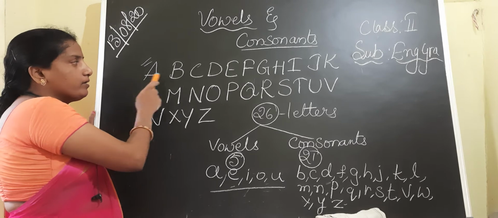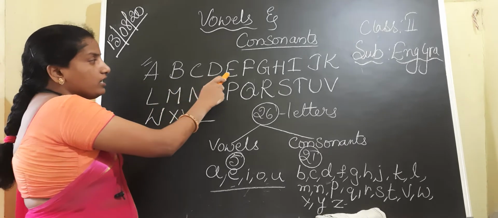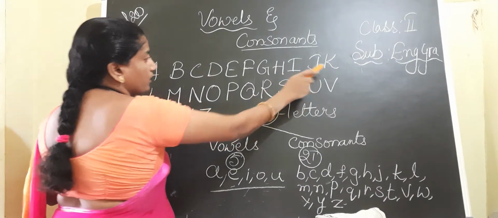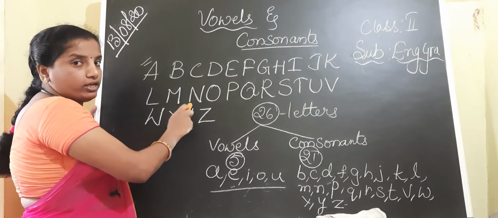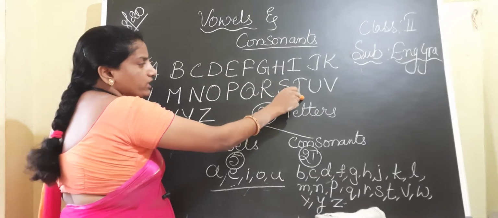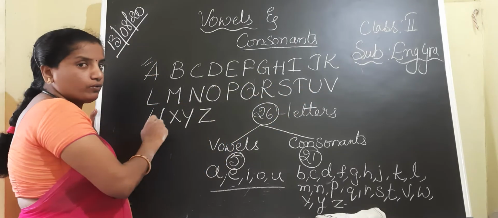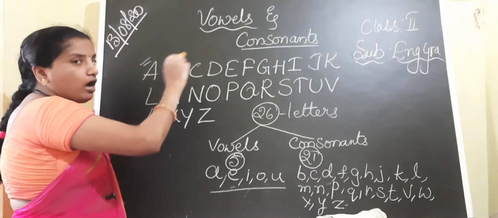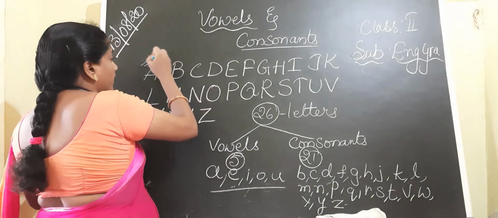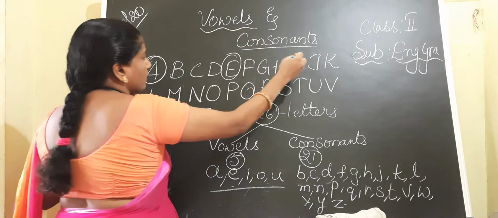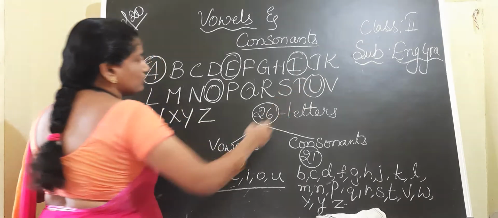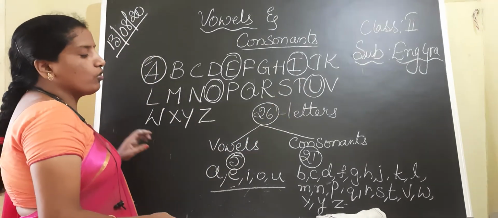What are they? A, B, C, D, E, F, G, H, I, J, K, L, M, N, O, P, Q, R, S, T, U, V, W, X, Y, Z. Out of these 26 letters, A, E, I, O, U, these 5 letters are known as vowels.